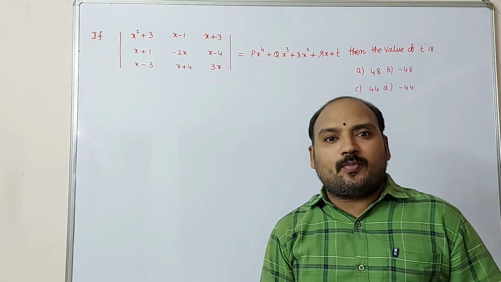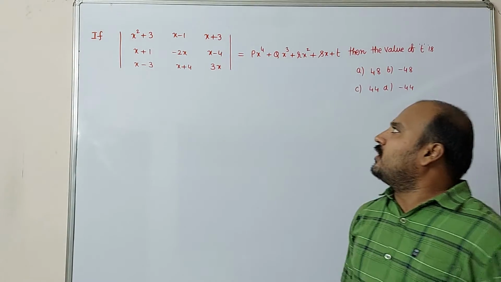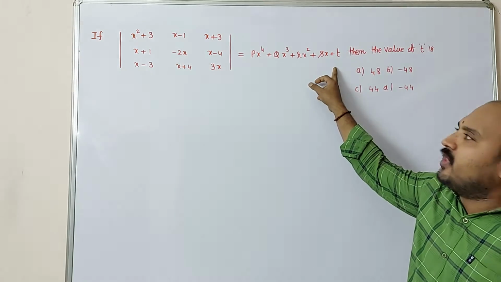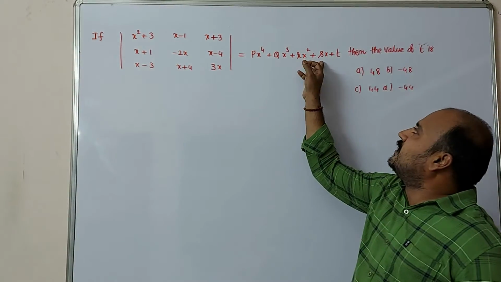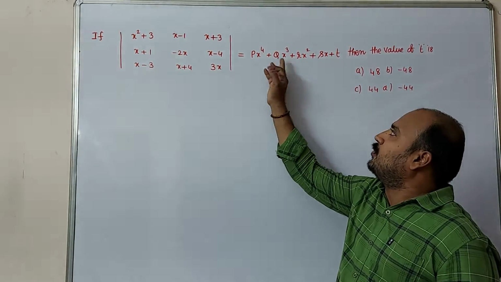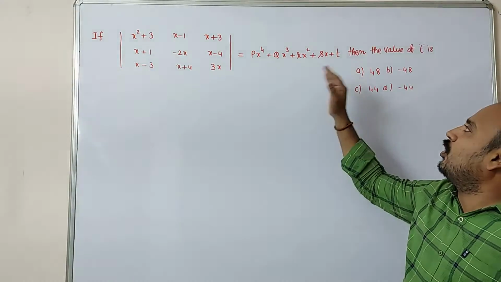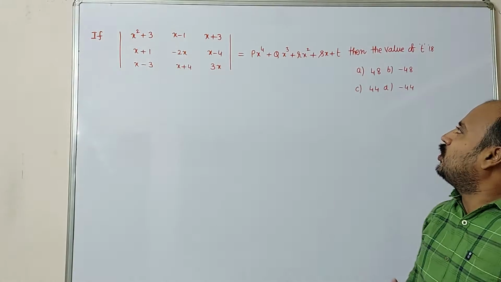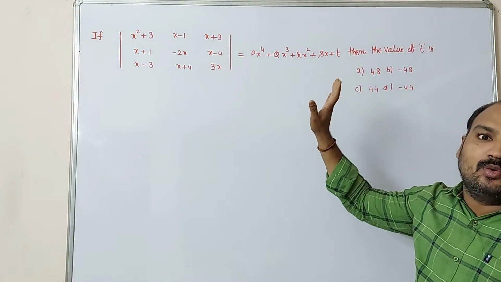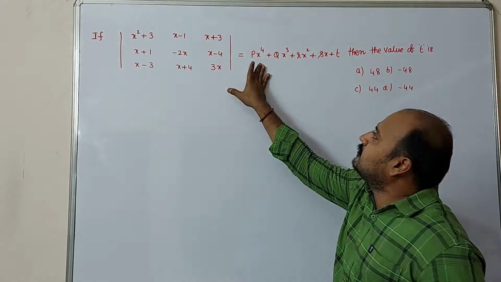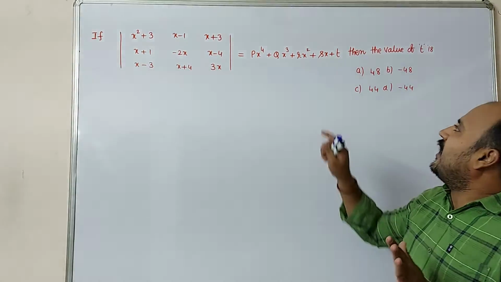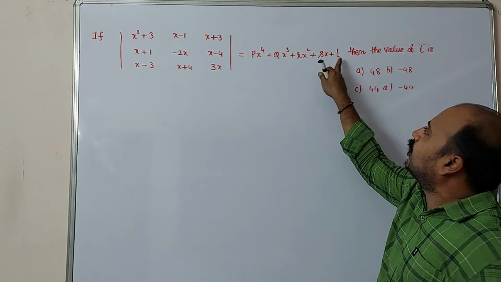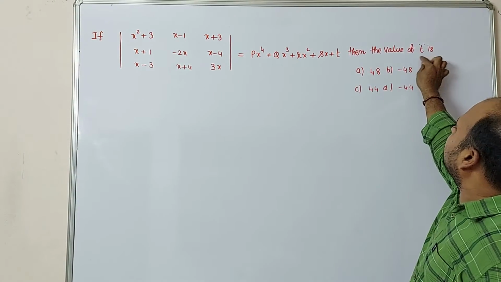To solve this type of problem, remember, here they are asking the t value, which is a constant. The others are coefficients of x cube, and so on. Here the constant t is there. So to get this constant t, I don't want to see the other terms. Wherever x is there, if you put 0, t only will come. So they are asking t only.